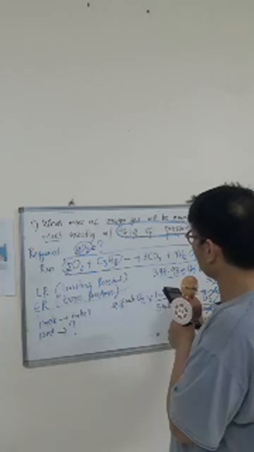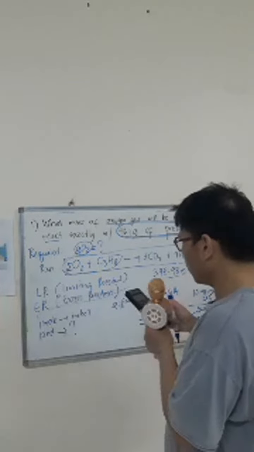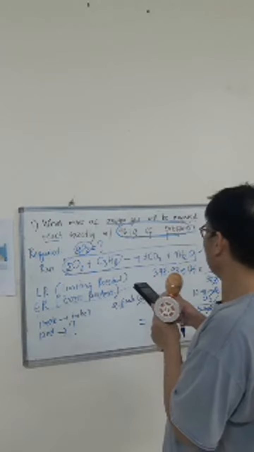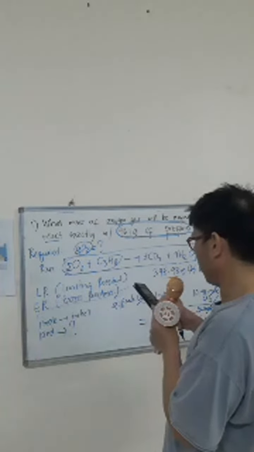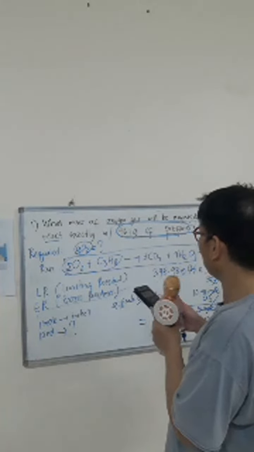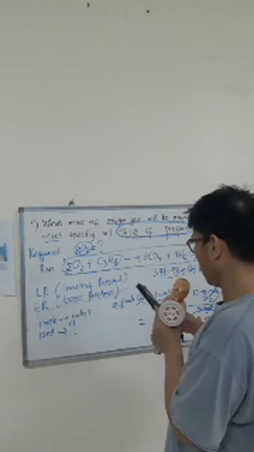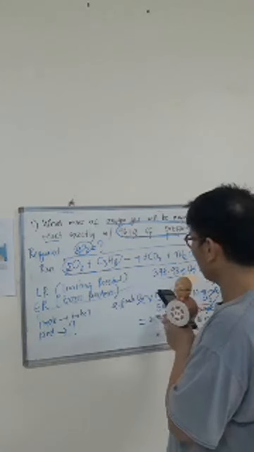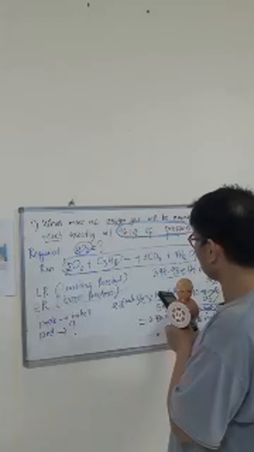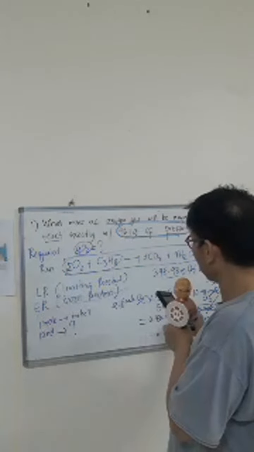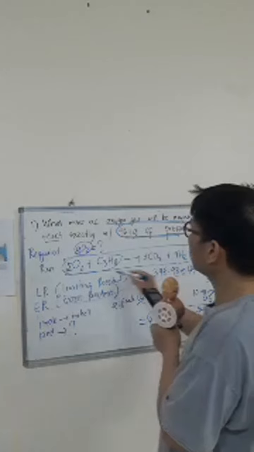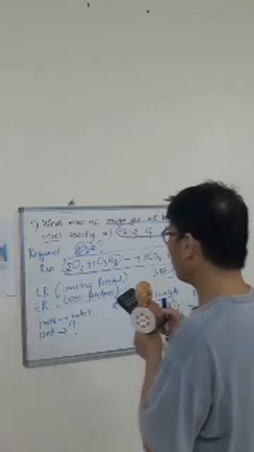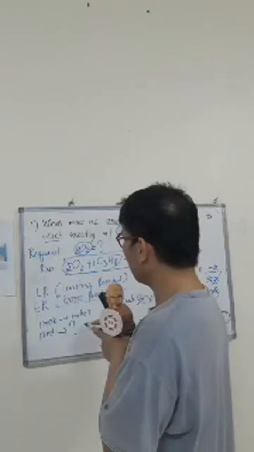So what is the moles of propane? 2.18 divided by 5 gives you 0.436 mole of propane. The original of propane is only 1, so divided by 1, you have 0.436 propane.